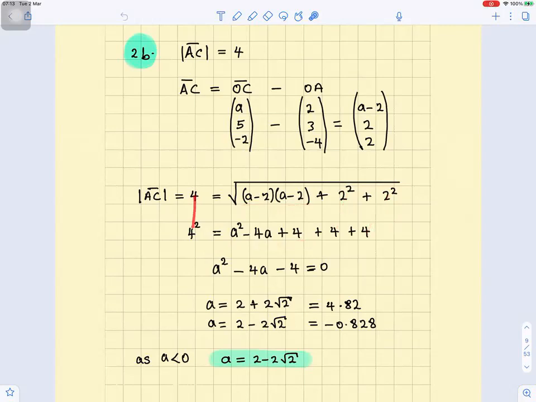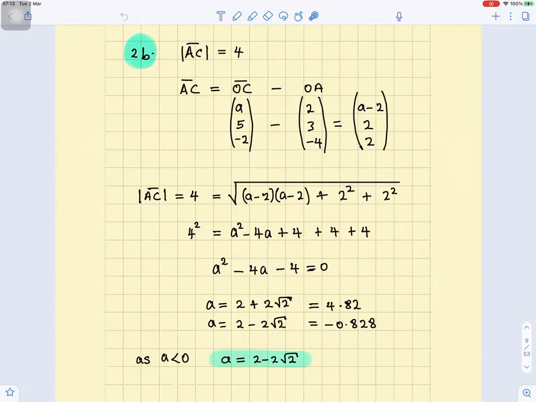And 4 squared will cancel when you start to subtract. So you end up with a squared minus 4a minus 4 is equal to 0. Because 4 squared is 16. 4 plus 4 plus 4 is 12. 16 minus 12 is 4. And that's why you got the 4 there.